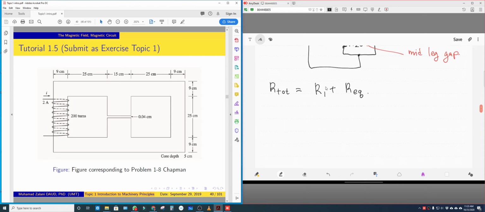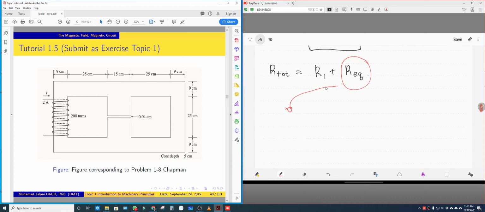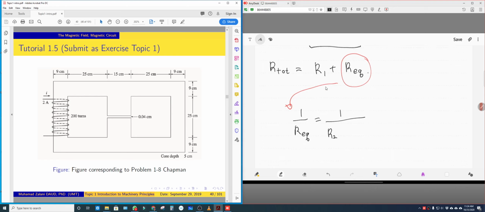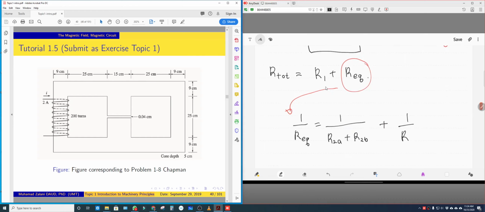So before we can find the total reluctance, we have to find the equivalent reluctance first, which is this parallel circuit. So 1 over Req equals 1 over R2A plus 1 over R2B plus 1 over R3.